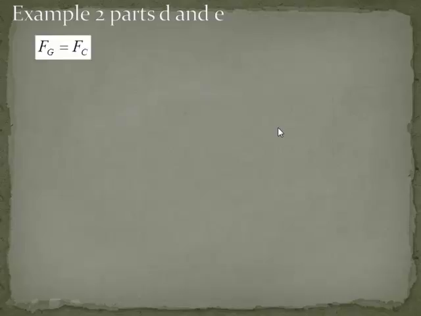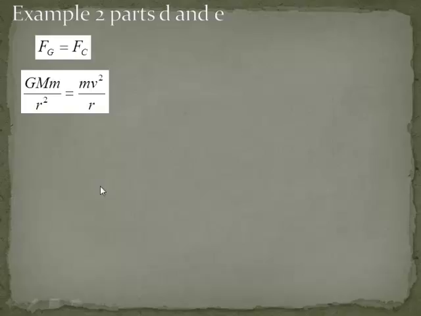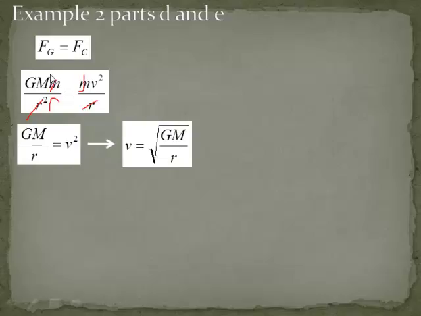Recall that the gravitational force is causing the centripetal force. So that's just G M m over r squared equals m v squared over r. So the m's cancel out, one of the r's will too, and we end up with G M over r equaling v squared. If you solve for v, you get the square root of G M over r.